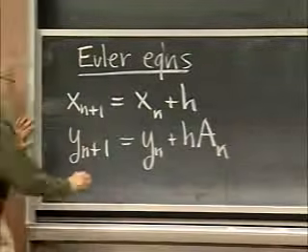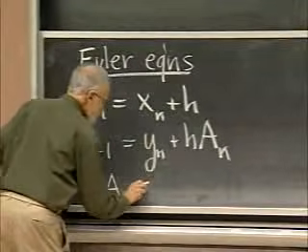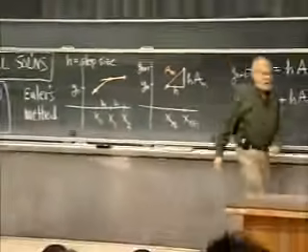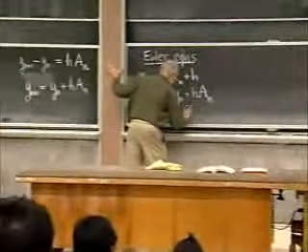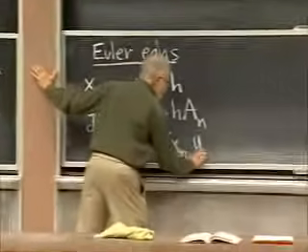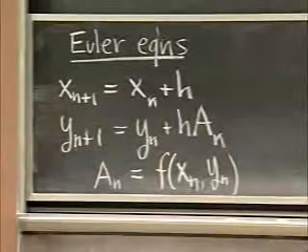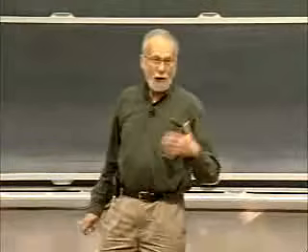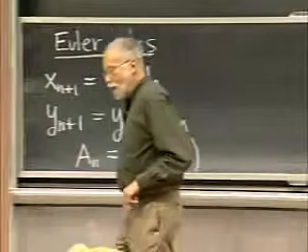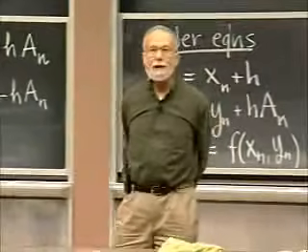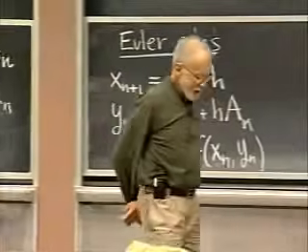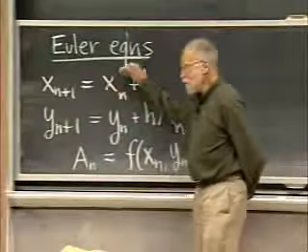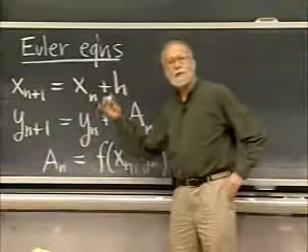And finally, an is the slope of the line element here, and therefore, by definition, f of xn, yn. So it's these three equations which define Euler's method. Surely at some point in the term you will be asked, as an exercise, to program the computer in C or whatever they're using, Java now, I guess, to do Euler's method. These are the recursive equations that you would put in to do that.